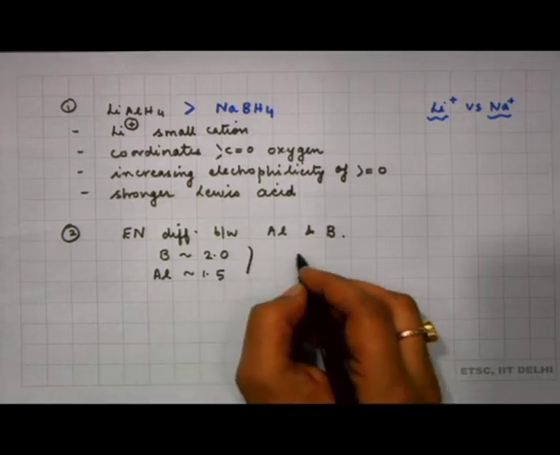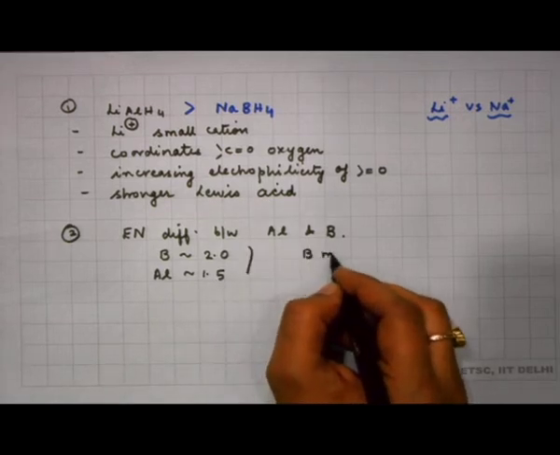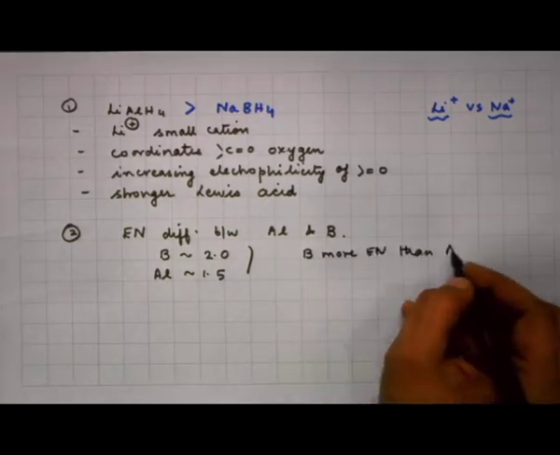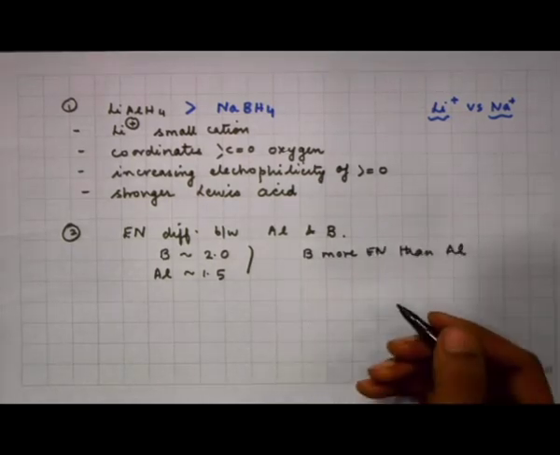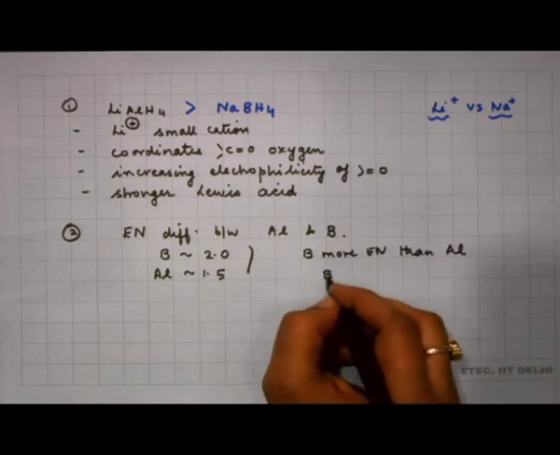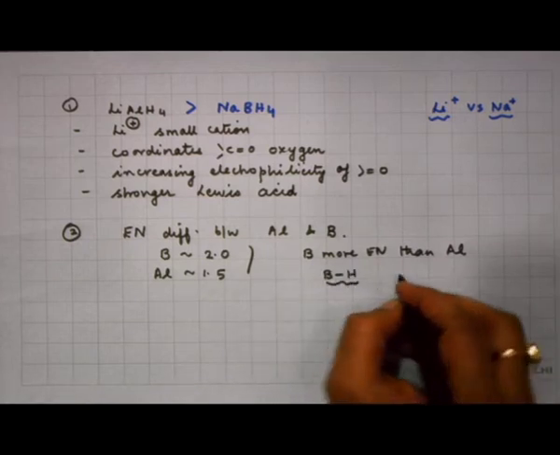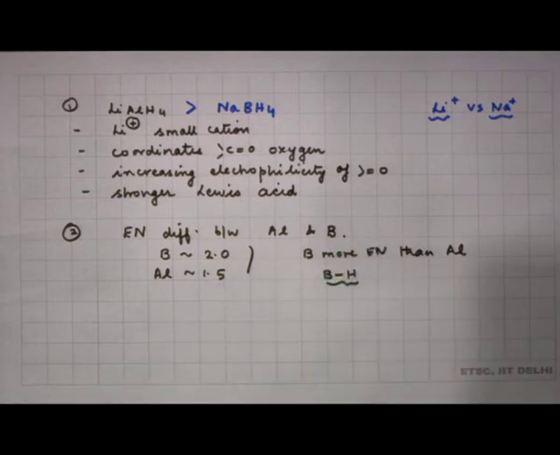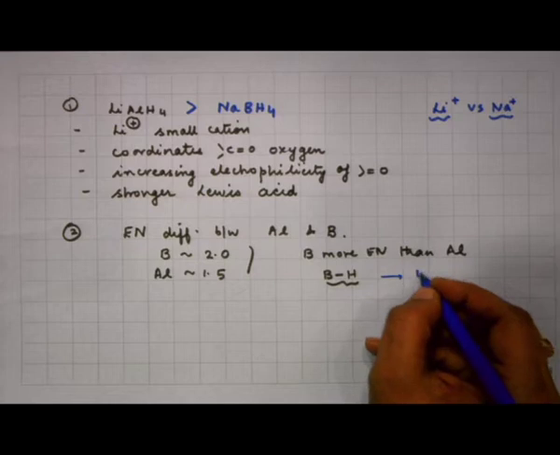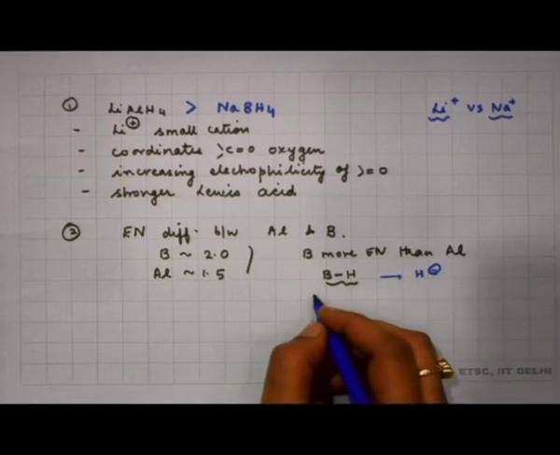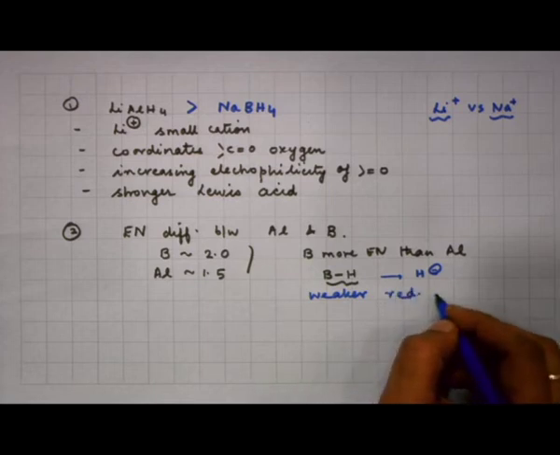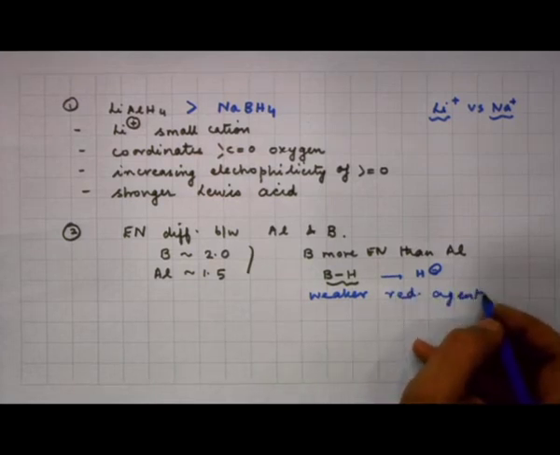Since boron is more electronegative than aluminium, it is going to hold the electron pair shared with hydrogen more towards itself. So, it is less available for donation in the form of a hydride, and therefore it is a weaker reducing agent compared to lithium aluminium hydride.